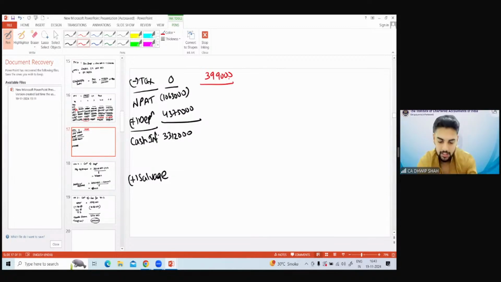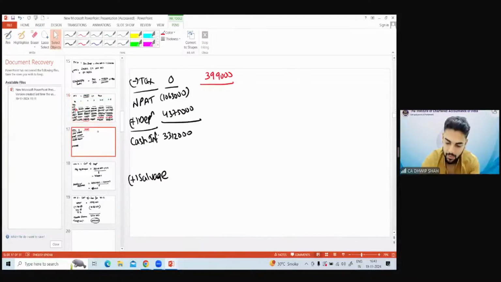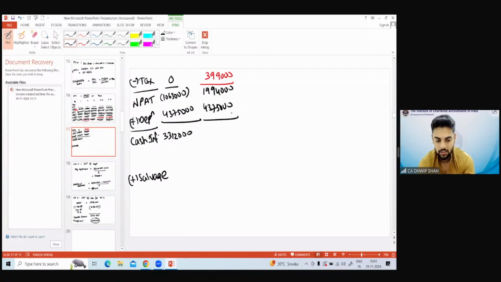So my year 2 NPBT is 2393. 2393 minus tax of 399. So my NPAT comes to 1994. And depreciation is 4375, which we will add.